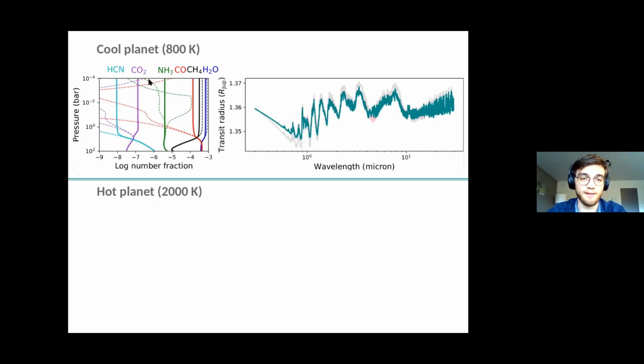As I mentioned a few slides ago, cool planets tend to be horizontally homogeneous, and you see that they are here. If you plot all the spectra on top of each other, you see that the final spectrum, here in green, overlaps quite well with all the previous spectra except the first one.